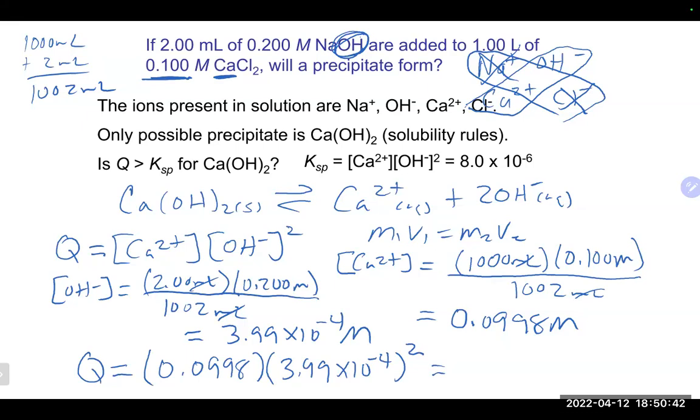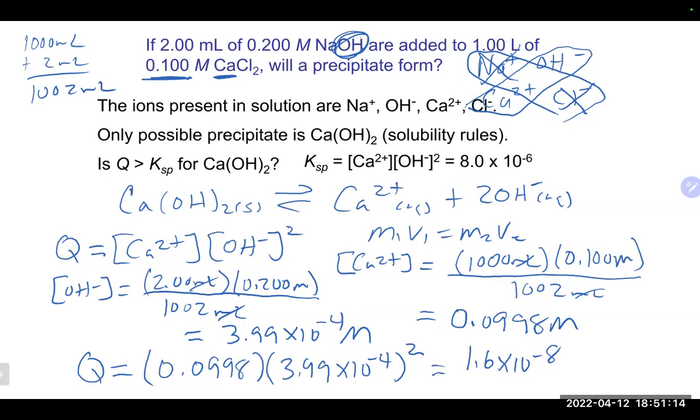Square it. I don't trust this. I'll type it in. 3.99 times 10 to the minus 4 squared times 0.0998. And we'll go with a 1.6 times 10 to the minus 8. That is our Q value. First off, any questions on how we got to that number there?